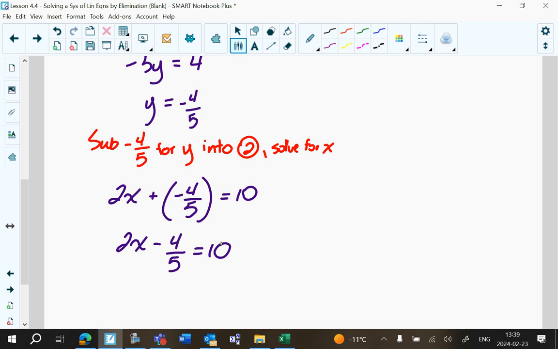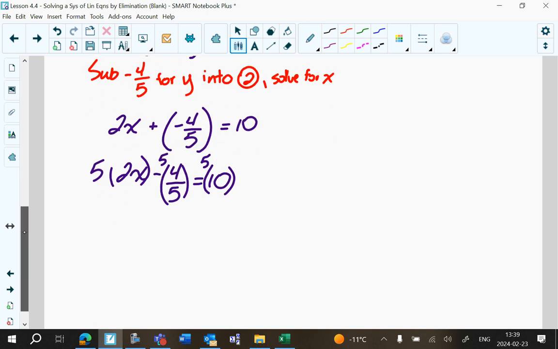What do you want to do with this one? Why don't we just get rid of that? Times everything by 5. You could add 4/5, but then you're going to get into fraction addition, and then fraction division, and it's easy to make a little mistake there.